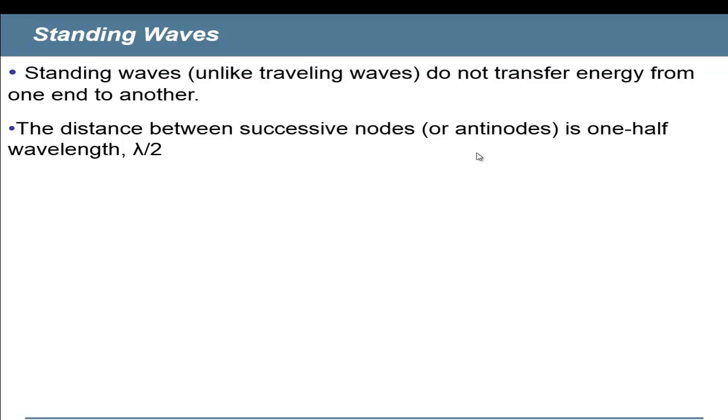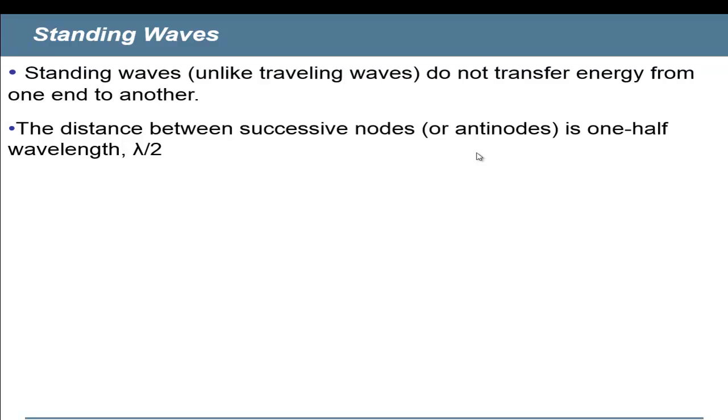Standing waves, unlike traveling waves that move along the medium or the rope, do not transfer energy from one end to another because they're standing there stationary. There is some local transfer of energy between the node and the antinode, but the net transfer of energy from one end to another is 0.